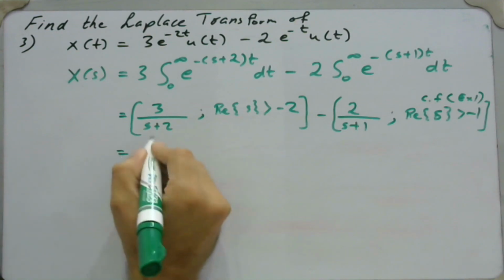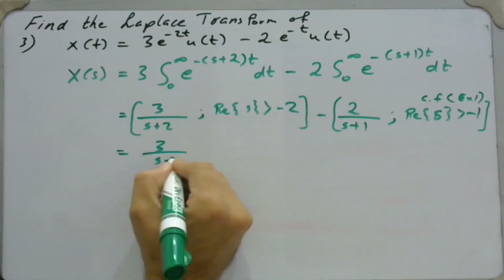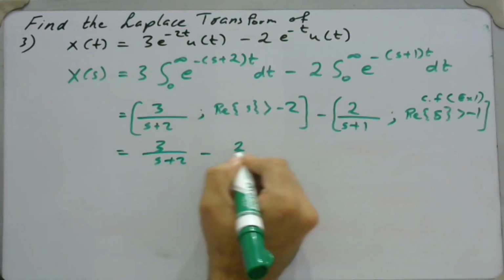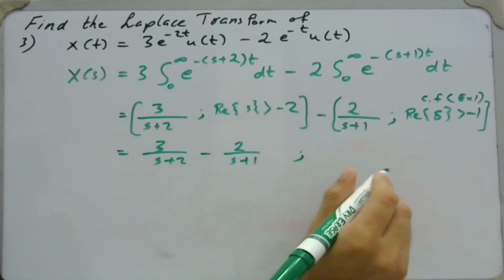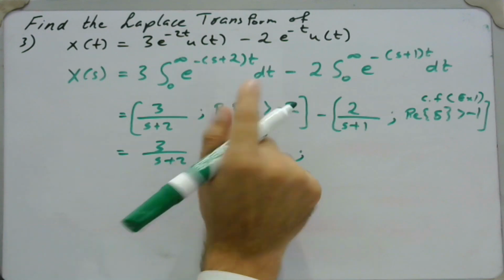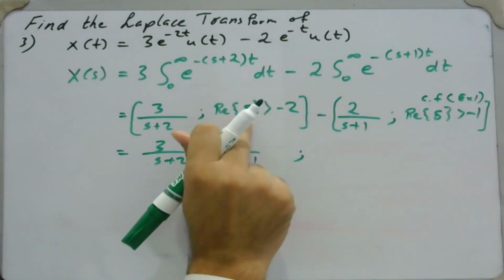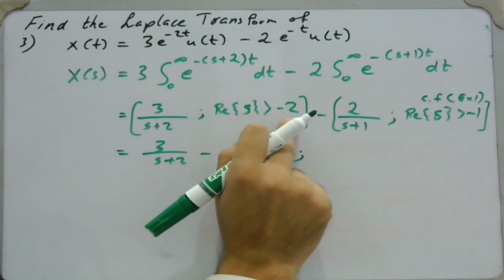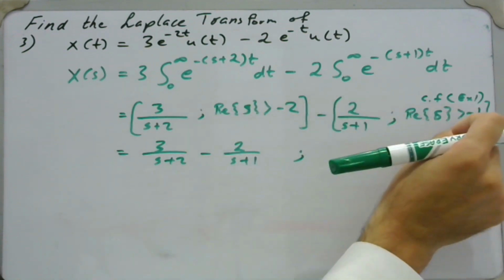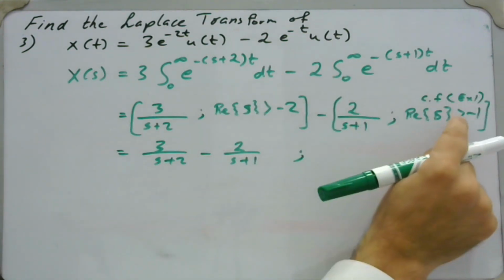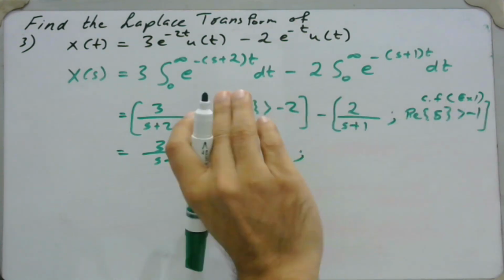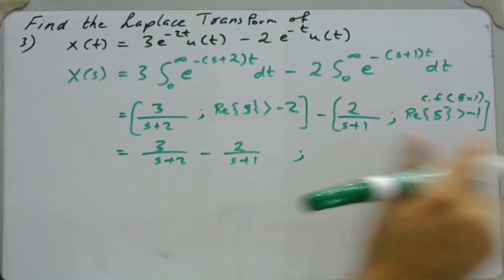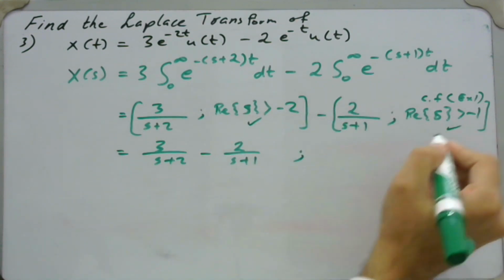Or simply you can say this is 3 over s plus 2 minus 2 over s plus 1, and this ROC suggests that the real part of s should be greater than minus 2, and it includes this minus 1. As the combination, we're going to take the rightmost pole for this particular case because the ROC is on this side for this as well as this.